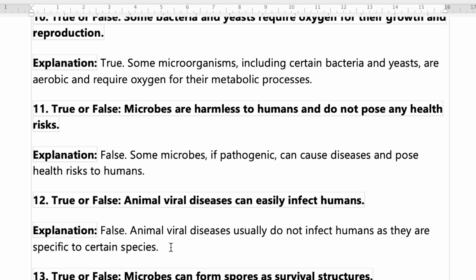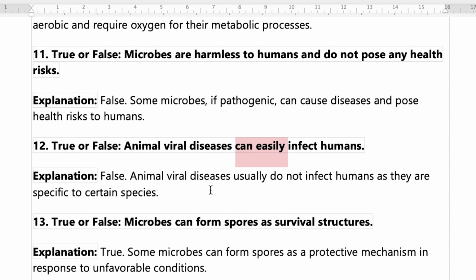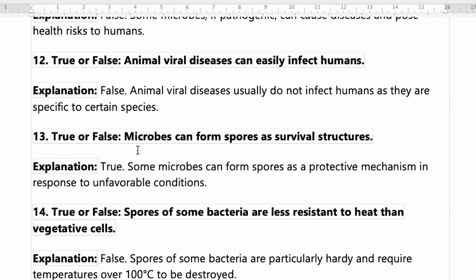Yeah, but I was wrong in this because sometimes hens or chickens have those diseases and they also cause them in humans. So in here, true or false is defined by the words can easily. It's not easy. Number thirteen, microbes can form spores as survival structures.